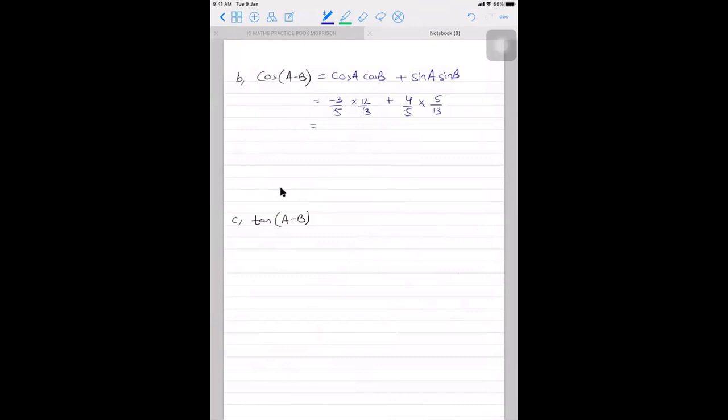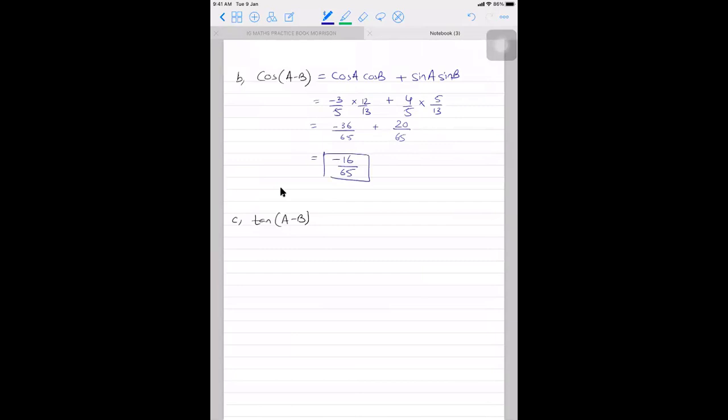Minus 12 times 3, minus 36 over 5 times 13, which is 65, plus 20 over 65. So minus 36 plus 20 is going to give you minus 16 upon 65.